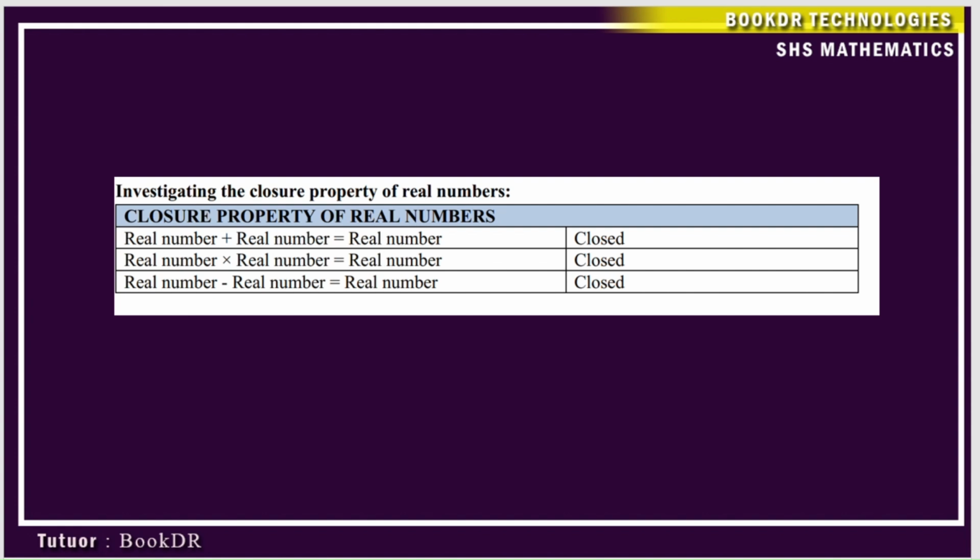A real number minus a real number is also a real number, so it is closed. Subtraction, multiplication, and addition are all closed under real numbers, except division, which is not closed because we cannot divide any real number by 0.